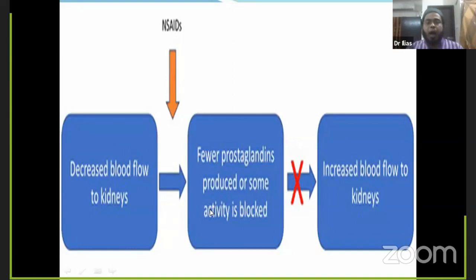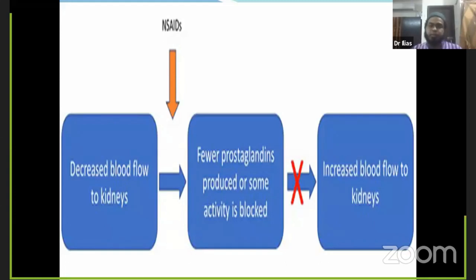So you see how NSAIDs produce kidney disease. Whenever the patient has pre-existing kidney disease, NSAIDs will aggravate the kidney problems, mind it. Whenever the patient has renal arterial stenosis due to hypertension or diabetes, the patient will have decreased blood flow to the kidney due to the stenosis.